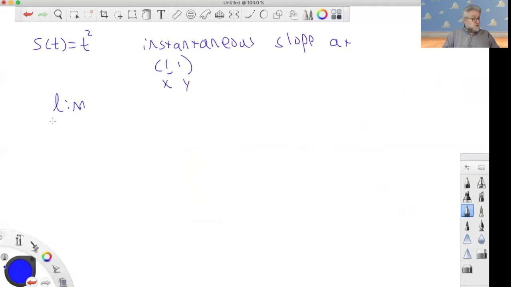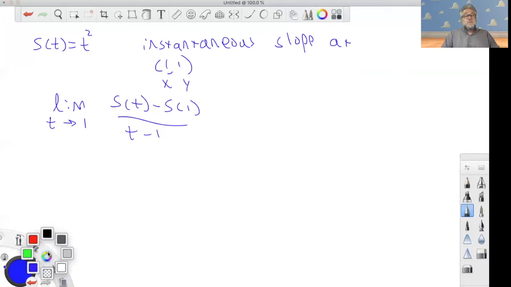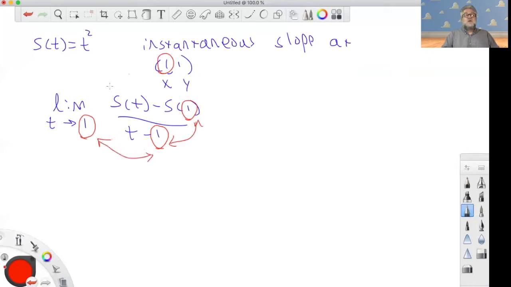Take the limit as t approaches 1 of s of t minus s of 1 over t minus 1. So notice this one and this one and that one and that one are all linked together. If we were doing it at the point 3, then these would all be 3s. If it was at the point 7, these would all be 7s.